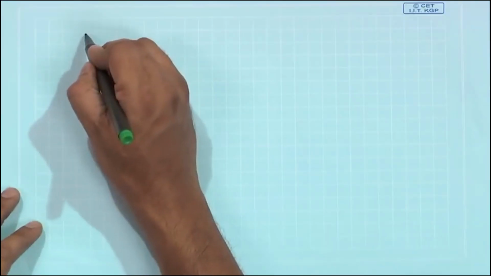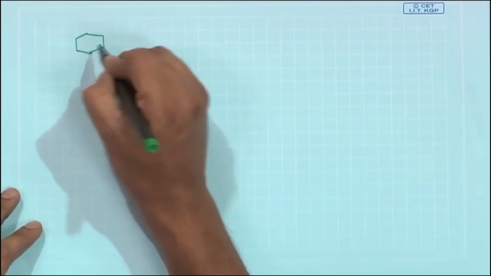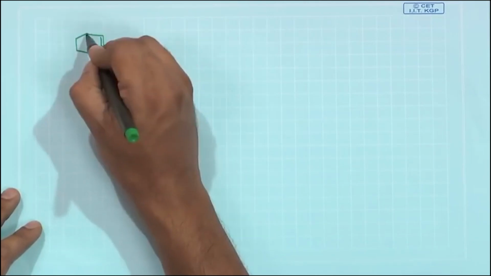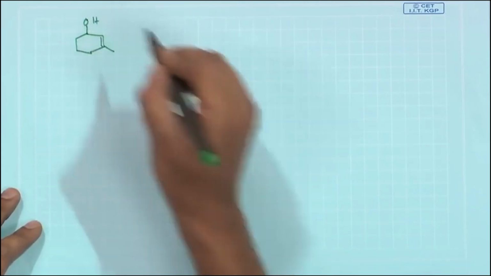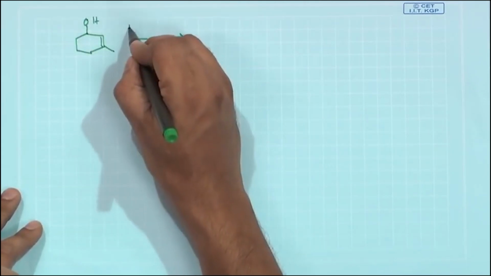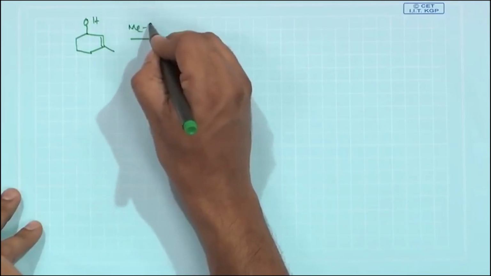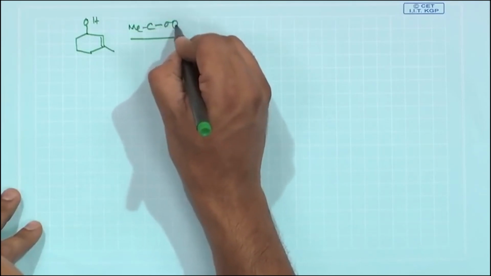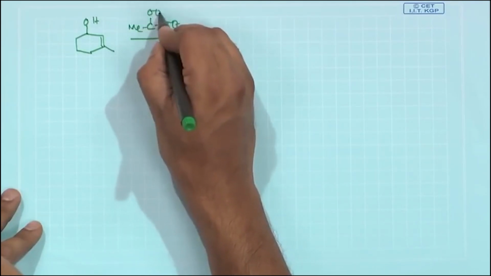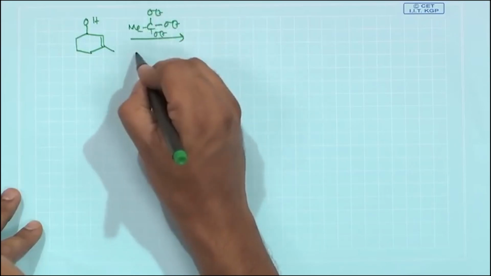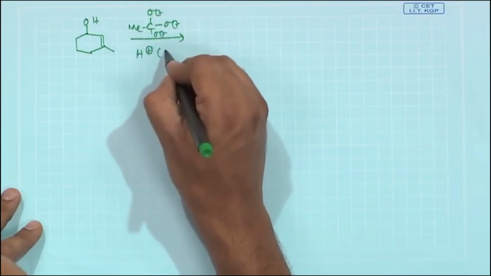Now, once this Luche reduction is done, you have an allylic alcohol, is it not? Now, this allylic alcohol is subjected to the Johnson orthoester Claisen rearrangement. The common reagent is triethyl orthoacetate in the presence of a catalytic amount of an H plus source.